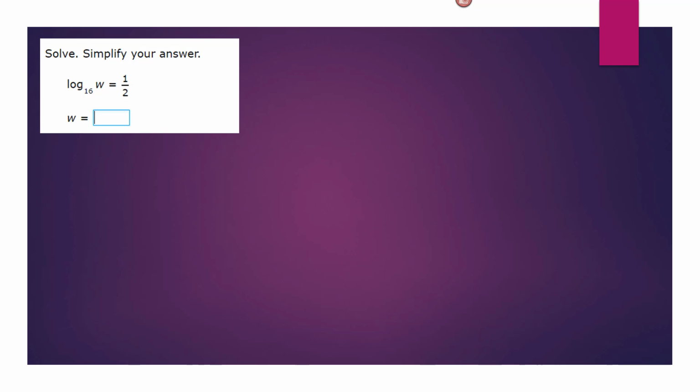All right, our next example is log base 16 of w equals 1/2. Just wanted to use this one because it's got a fraction there, but it works the same. There's nothing different. So I forgot to put the original problem, but it starts out as log base 16 of w is equal to 1/2.